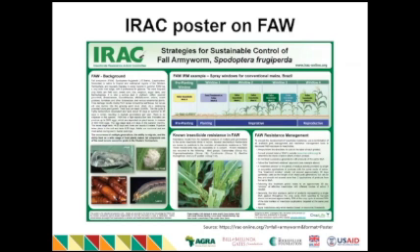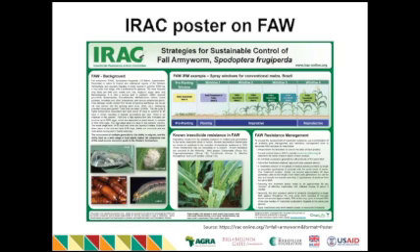Okay, here is the IRAC resistance management poster for fall armyworm. One can download this from the website of IRAC, and we've also given you a link to it here. And you can print this as a handout if you're going to be training farmers, to give to them, to remind them about the issue, and as information for them.